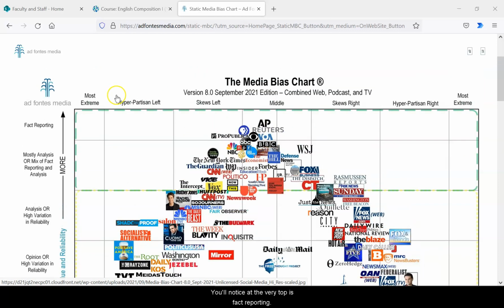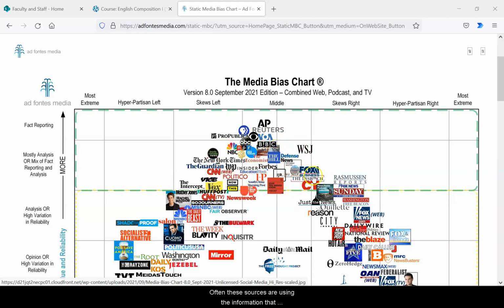You'll notice at the very top is fact reporting. And you'll see AP and Reuters, for example, are news sources that generally send reporters out to gather facts without any kind of analysis. In other words, they just report what they find. In the second tier here, it's mostly analysis or a mix of fact reporting and analysis.